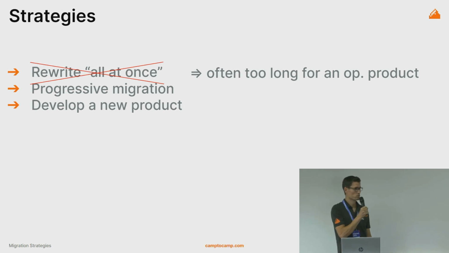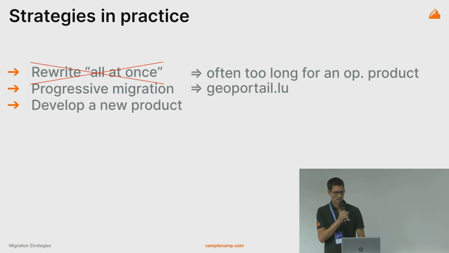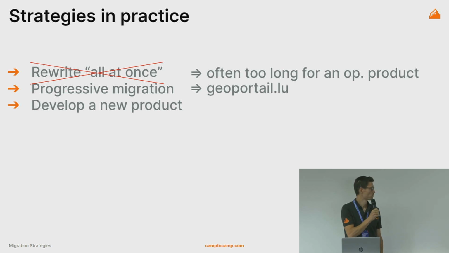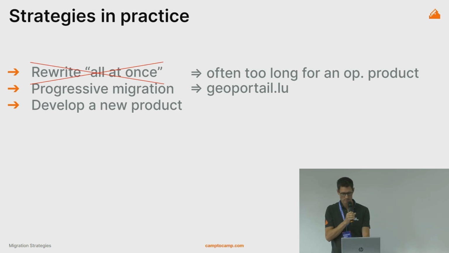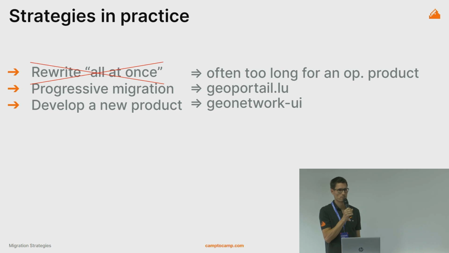Today I don't want to talk about the first option, because in the 2 projects I'm working on, it was not really an option, because it's just too extensive to choose this way. So today I want to talk about progressive migration on the example of the geoportal of Luxembourg, as well as the development of a new product on the GeoNetwork UI example.